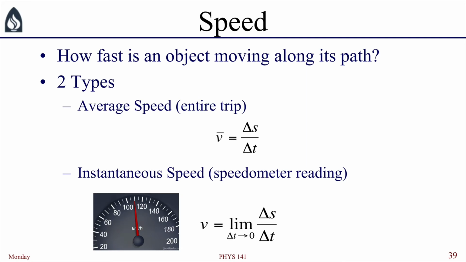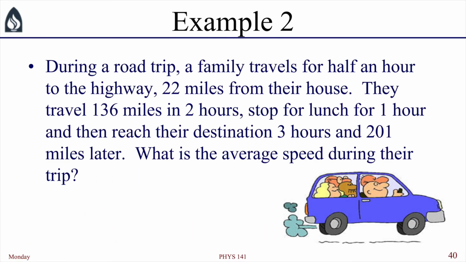So let's look at this example problem of a family going on a road trip. During this road trip, a family travels for half an hour to the highway, which is 22 miles from their house. They travel 136 miles in 2 hours. They stop for lunch for an hour, and then they reach their destination 3 hours and 201 miles later after they stop for lunch.